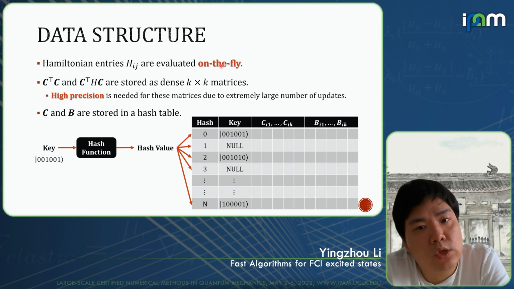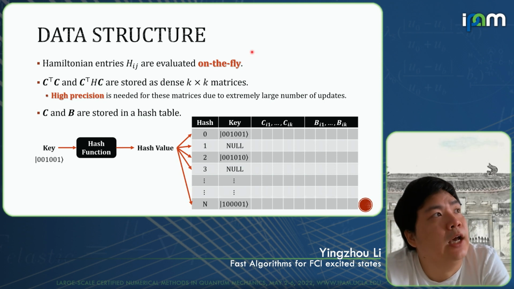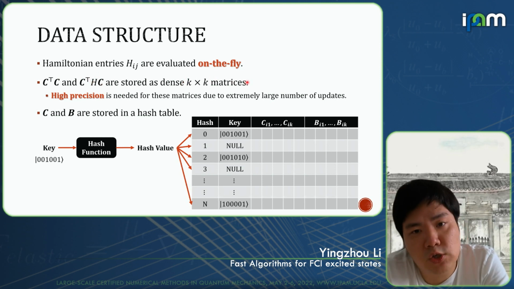We didn't store any Hamiltonian entries; as long as we need one, we just evaluate it. That helps us a lot to reduce the memory cost because we do not need to spend any memory storing the Hamiltonian, which is gigantic. And the second thing is C transpose C and C transpose HC, and both of them are K by K matrices.